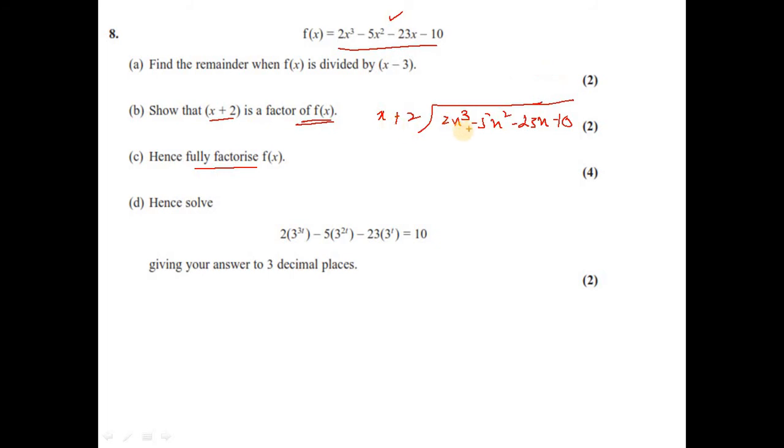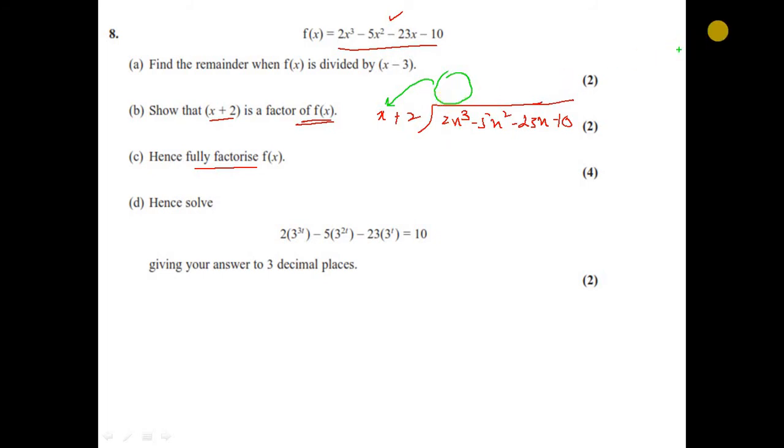And how do we divide these expressions? You need to think of some number or some expression to be written here, so that when you multiply this expression with the first term, you must get the same first term of the polynomial.